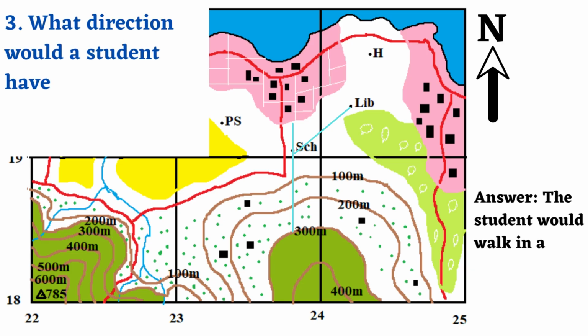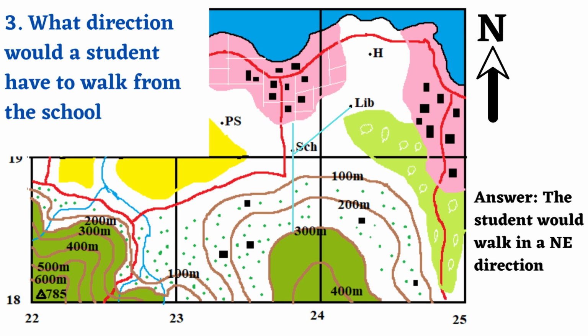All right, so we're on to the third question, which says, what direction would a student have to walk from the school to get to the library? To make this easy and simple, we could draw a line connecting the school and the library, and then we could draw a north to south line through the point where the school is located.